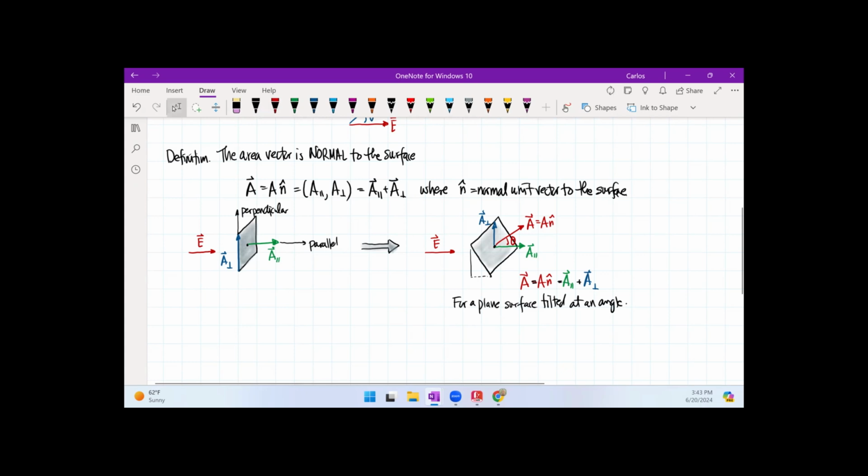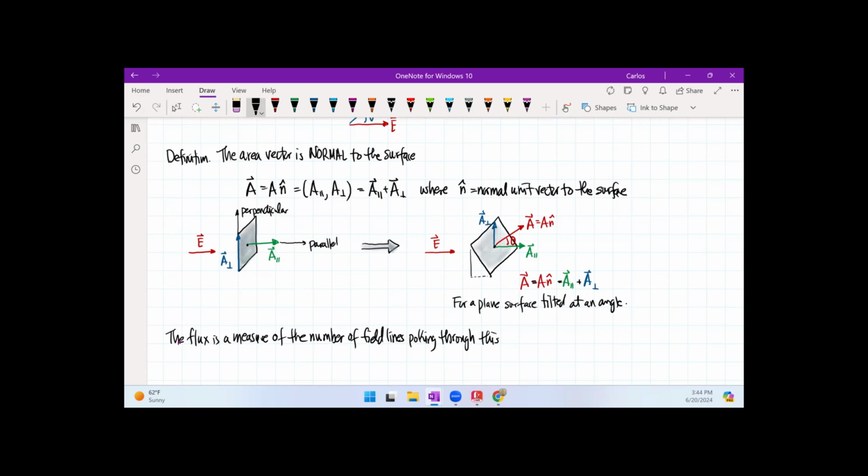Well, now we just start to look at the flux. So what do we know? The flux is a measure of the number of field lines poking through this surface area.